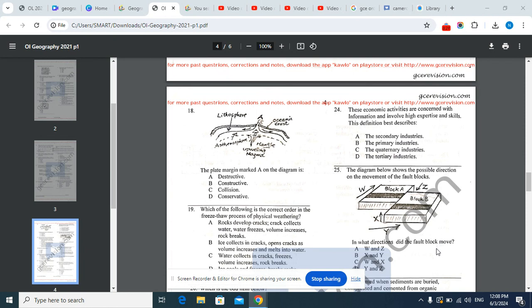Which of the following is the correct order in the freeze-thaw process of physical weathering? The answer is A.